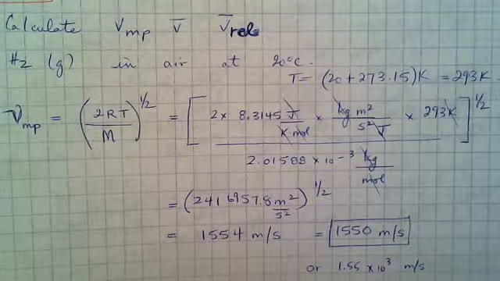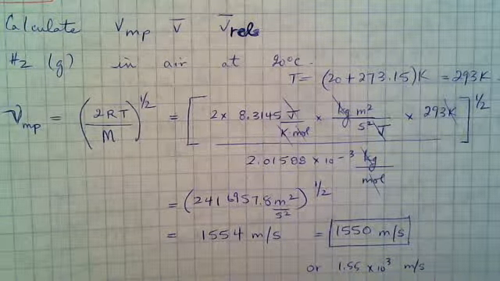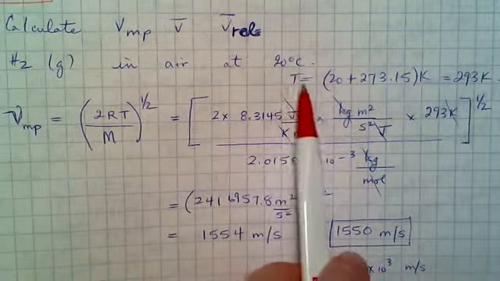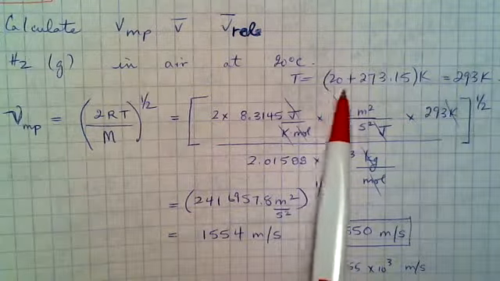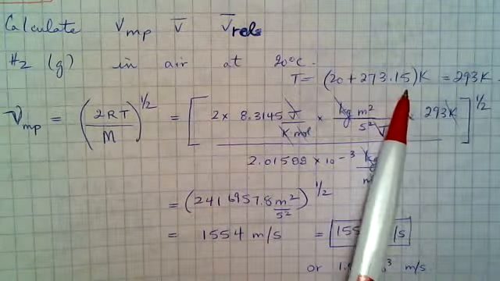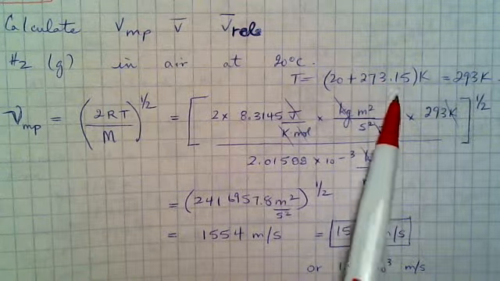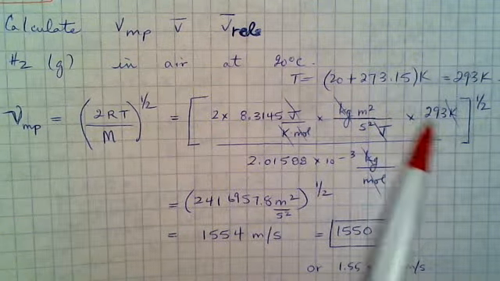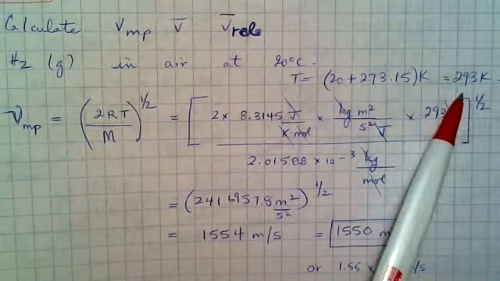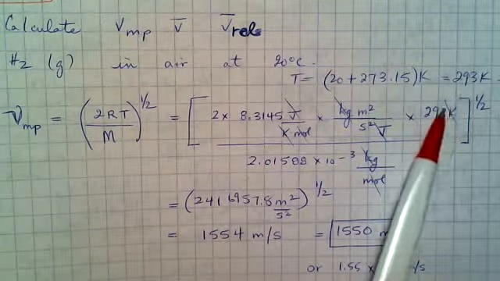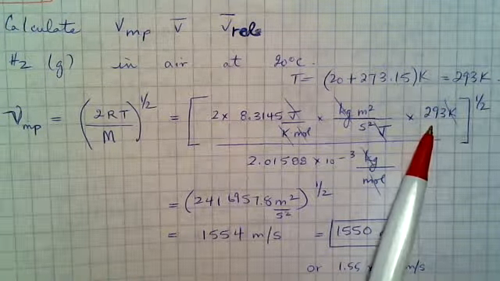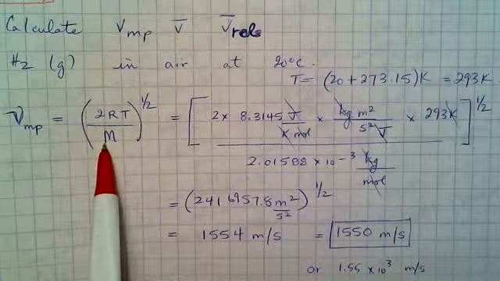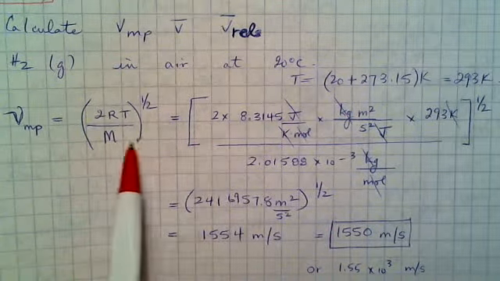So I've got hydrogen gas in air, 20 degrees Celsius. My temperature, again, is 20 degrees plus 273.15. I can put it into my solution like this, or I can establish it has 3 significant figures and then put that into my expression, but everything is done in one big lineup.